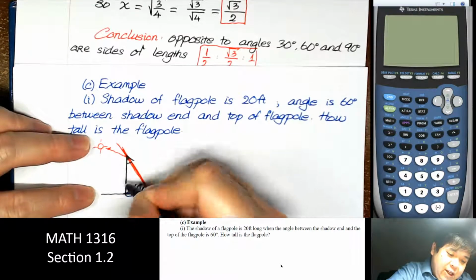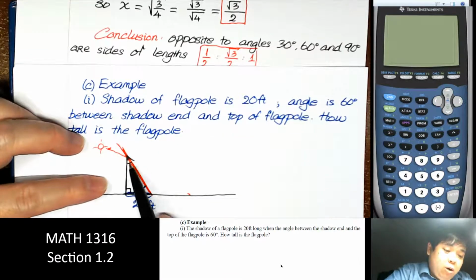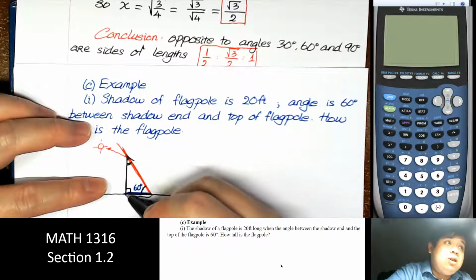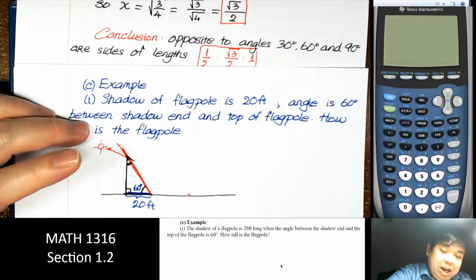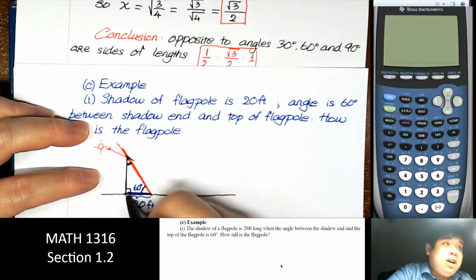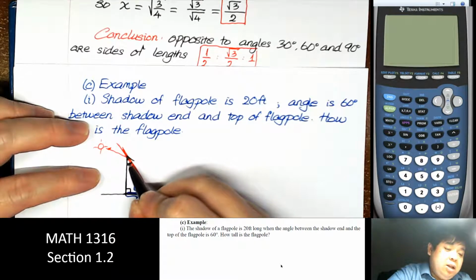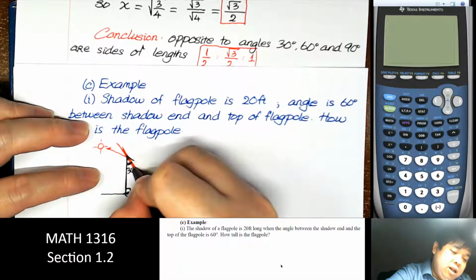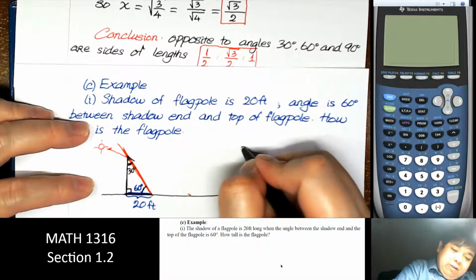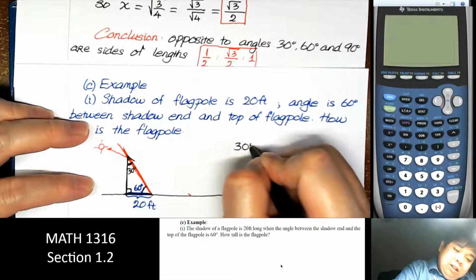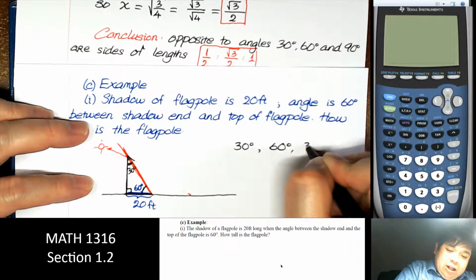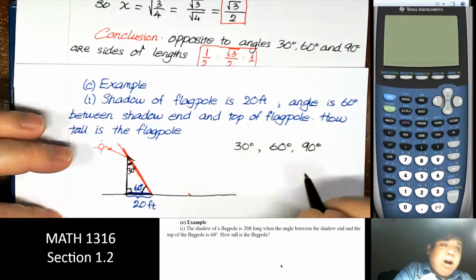Now, in the triangle, the total of the angles has to be 180 degrees. We have 90 degrees, 60 degrees. Subtract those two from 180. The remaining angle has to be 30. So we have the 30, 60, and 90 degree triangle.